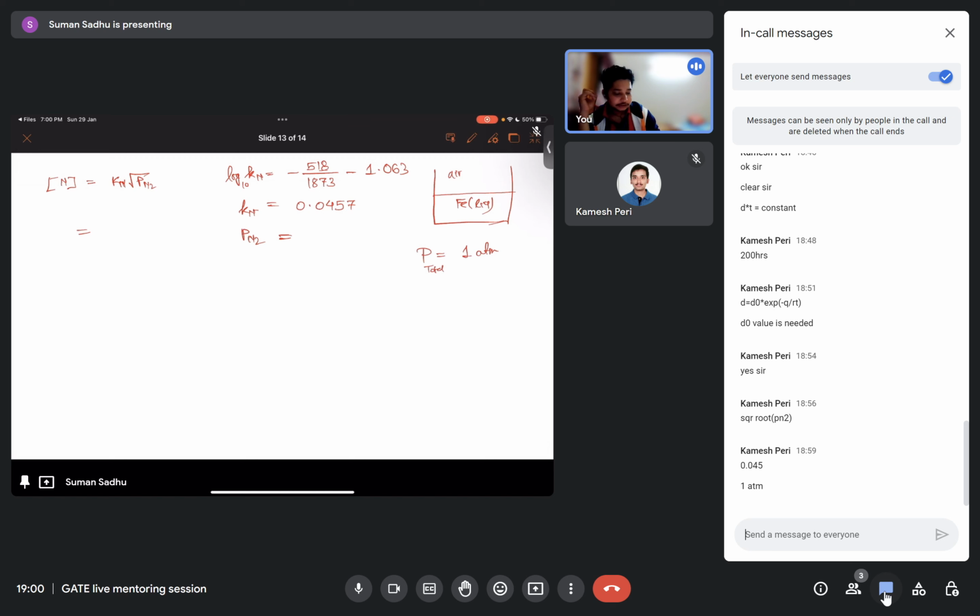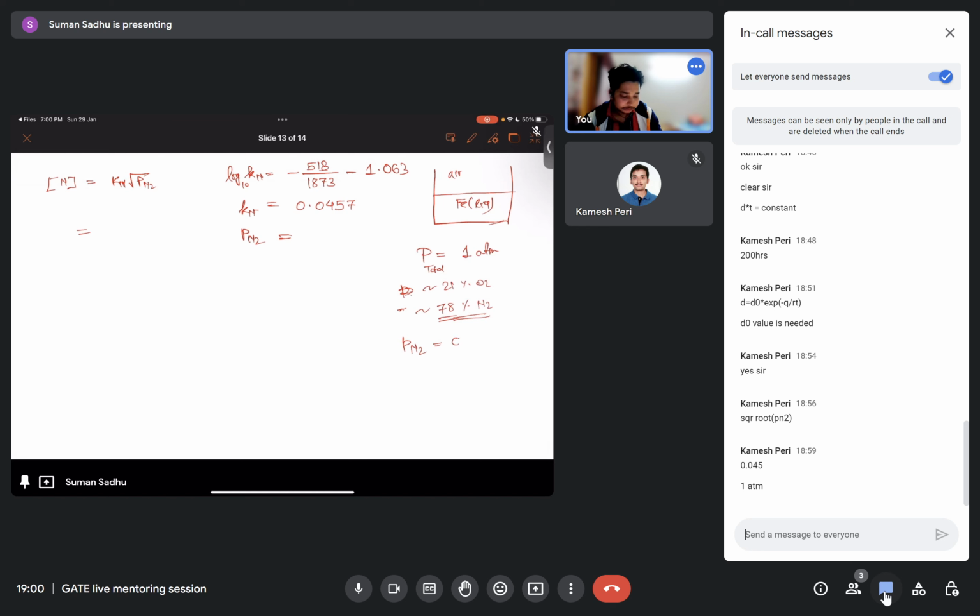What is the partial pressure of nitrogen? Your air contains around 21% oxygen, around 78% nitrogen, right? And the other 1% is other gases. So it contains 78% nitrogen. So what will be the partial pressure of nitrogen?